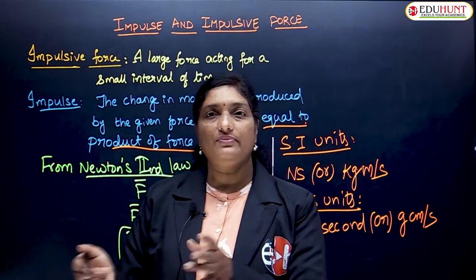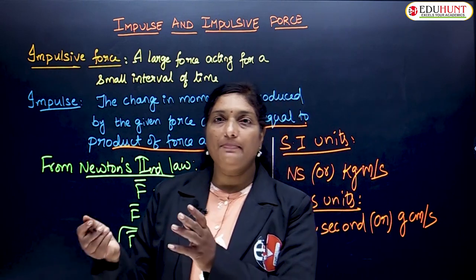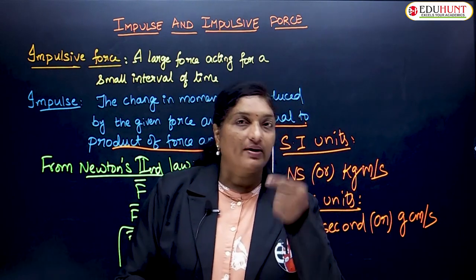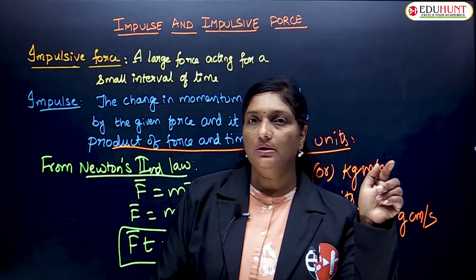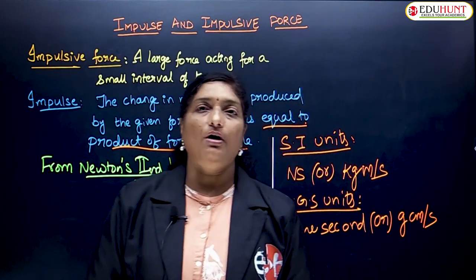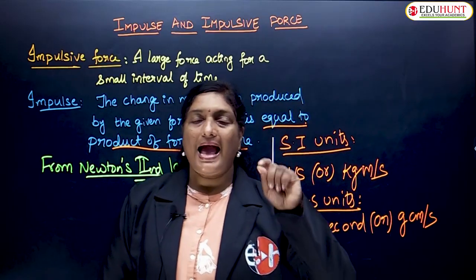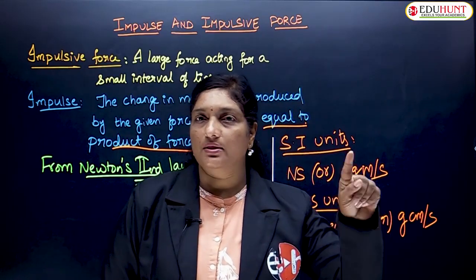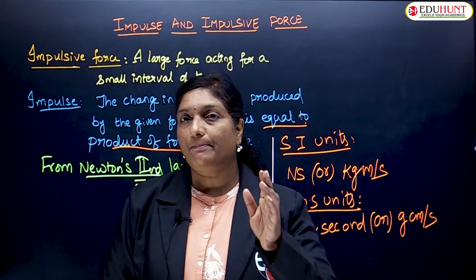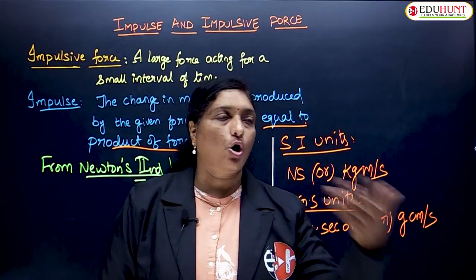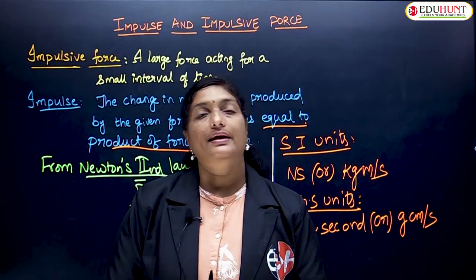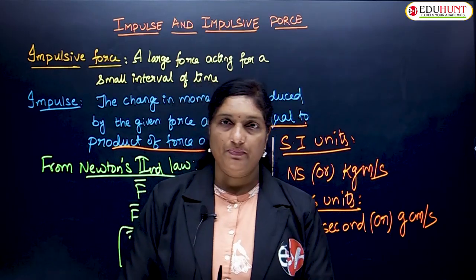So the product of the impulsive force acted by the bat for a small interval of time on the ball is again an example of impulse. So two examples I have discussed: force acting by a hammer on the nail, force applied by the cricket bat on a ball. Both are examples of impulse.